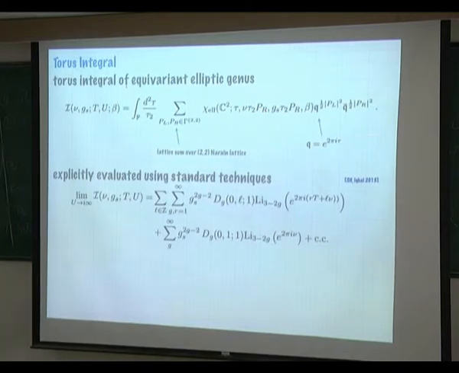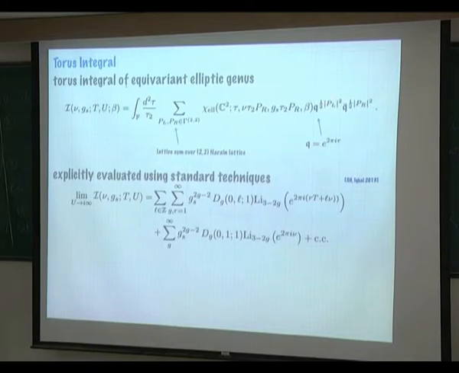This is invariant under modular transformations, so this is a well-defined integral if I integrate it over the fundamental domain of SL(2,Z). That's just a well-defined quantity. And the T and U I see here, these are the moduli of my Narain lattice. So these are the T and U entering in P left and P right.